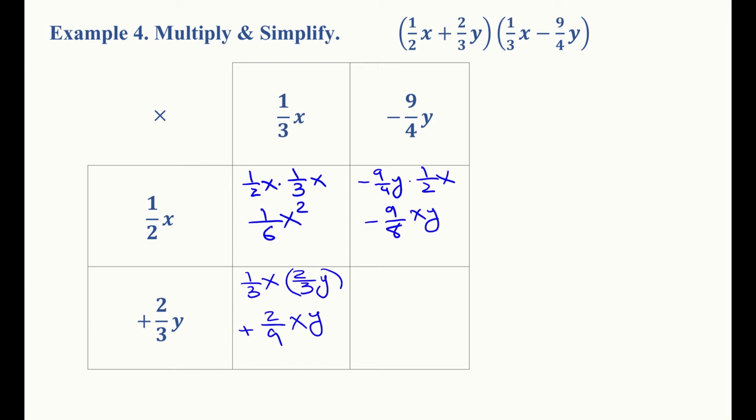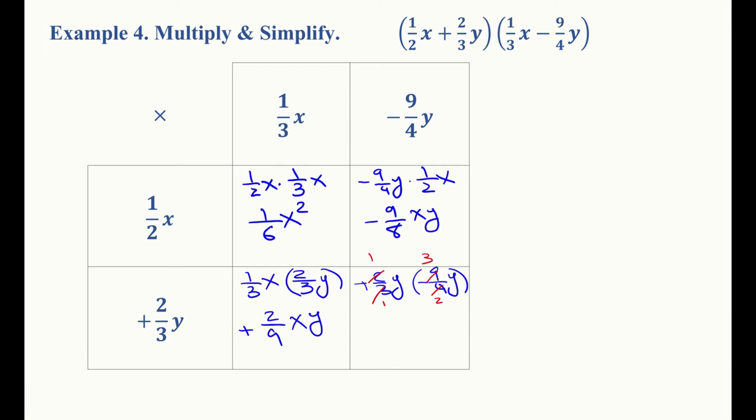So positive 2/3 y times negative 9/4 y. So there is a little bit of cross canceling possible here. The 3 and the 9 are going to leave a 3. The 2 and the 4 are going to leave a 1 and a 2. Here we're left with a 1.